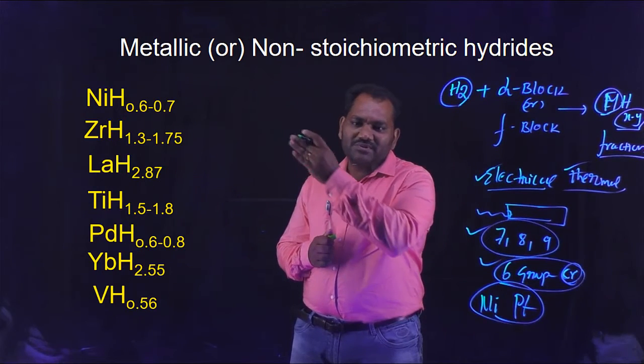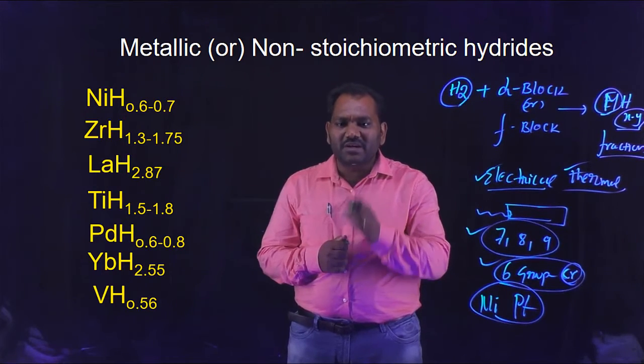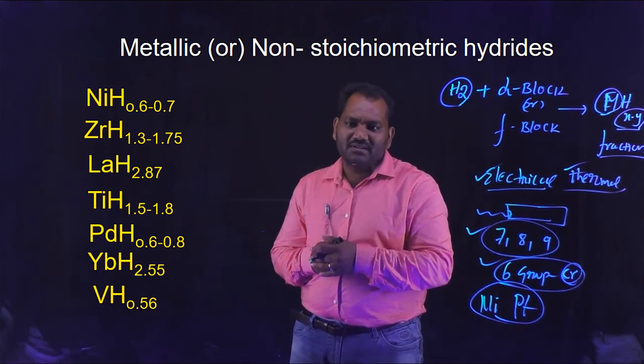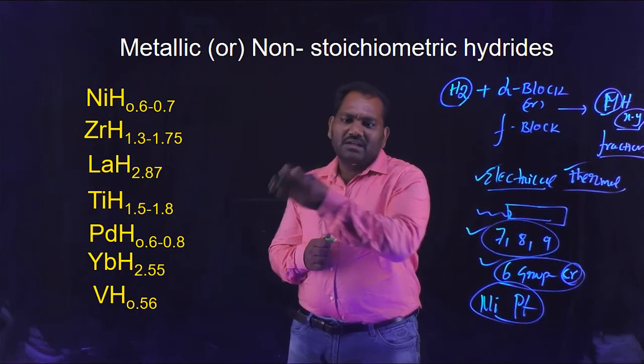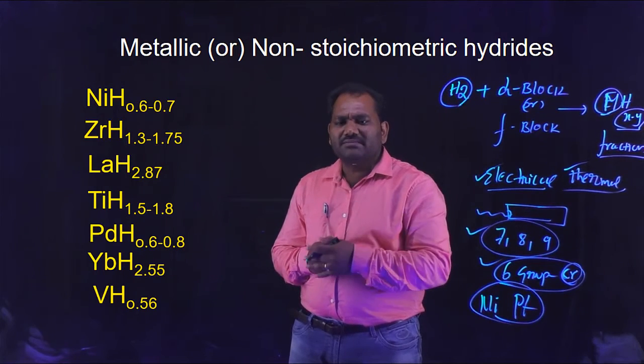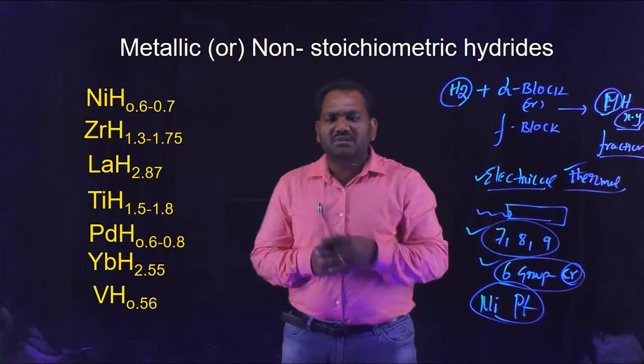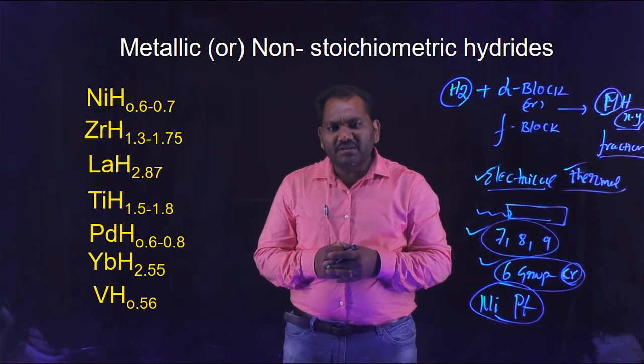In zirconium hydride, it is 1.3 to 1.75. In lanthanum hydride, 2.87. Titanium hydride, vanadium hydride, like that. All these are examples of non-stoichiometric hydrides.